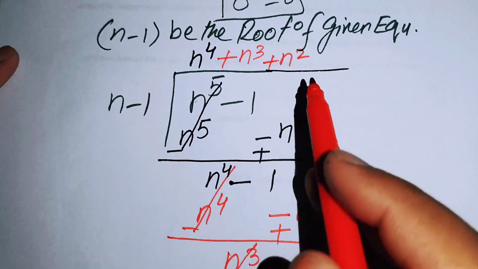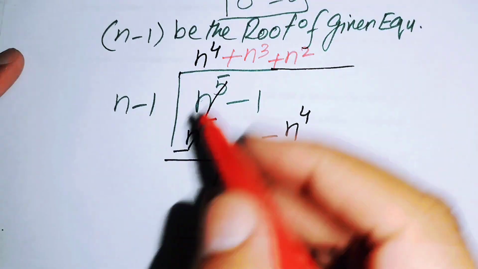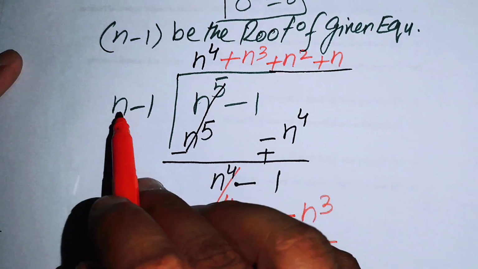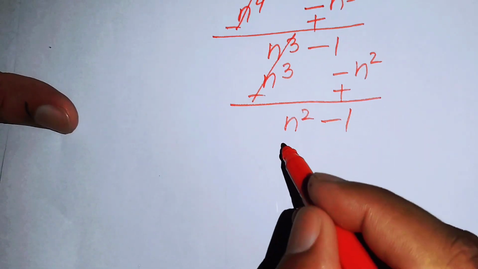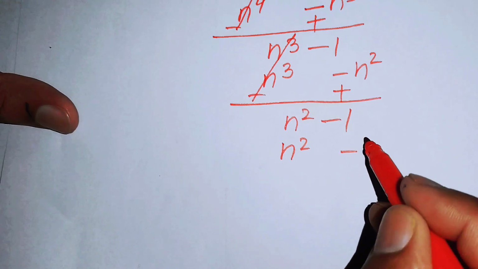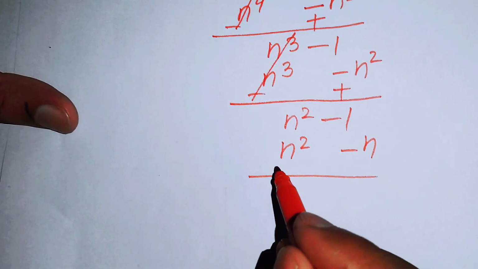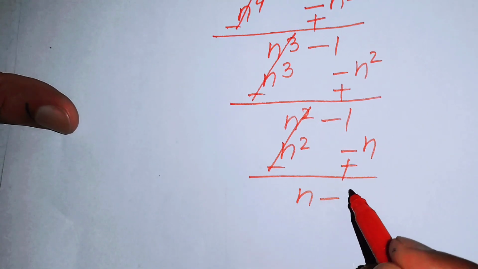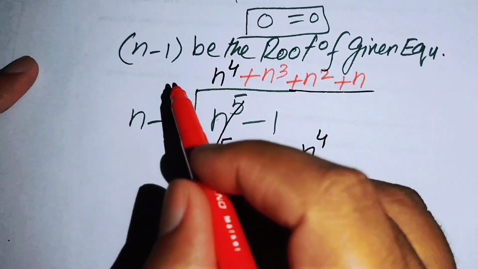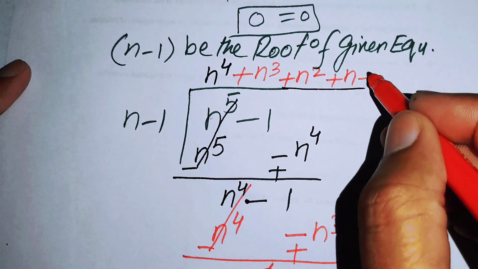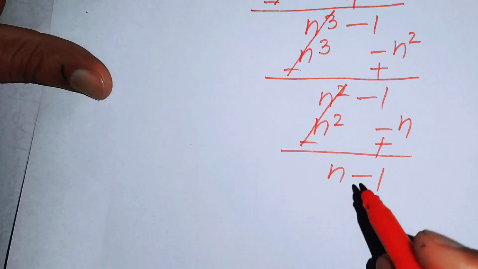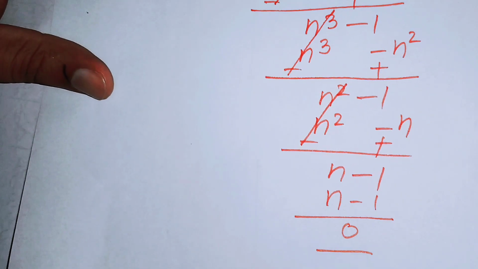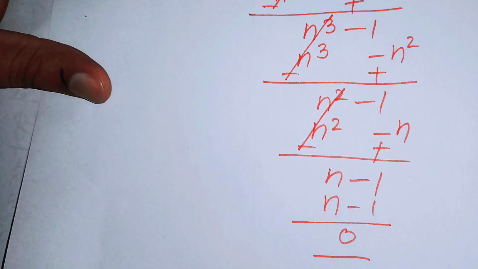So here we need to make n squared, so we multiply this term by n. So when you multiply it by n, you will get n squared minus n, and now we again subtract these terms and you can see that these are gone, and here we get n minus 1, and now we multiply this by plus 1, so that we obtain n minus 1, and finally you obtain 0.